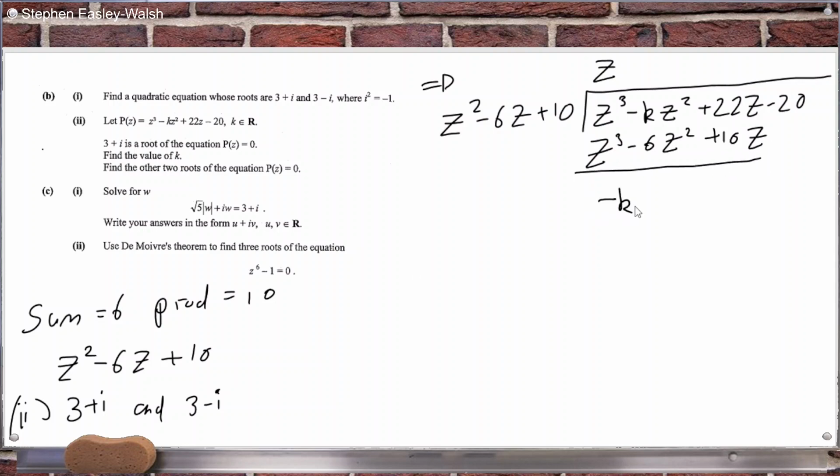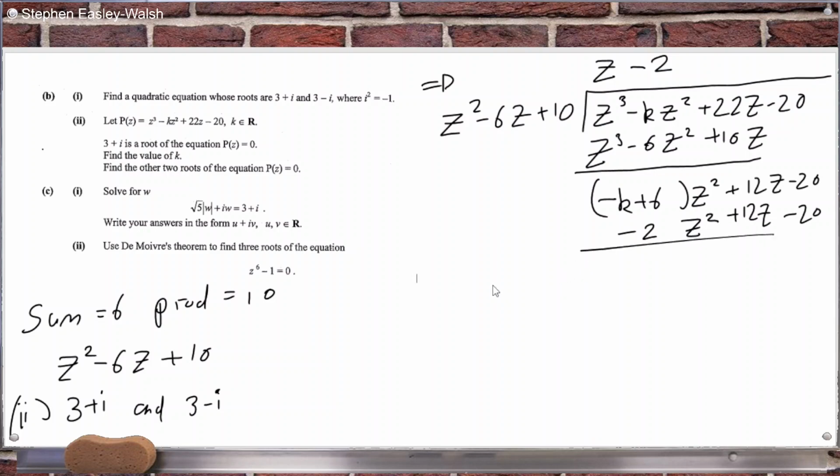That would be minus k plus 6 z squared plus 12z minus 20. So I see that it has to finish off with minus 2, because at the back we're supposed to get minus 20 and we're supposed to get plus 12z. So this front piece here has to be minus 2z squared.